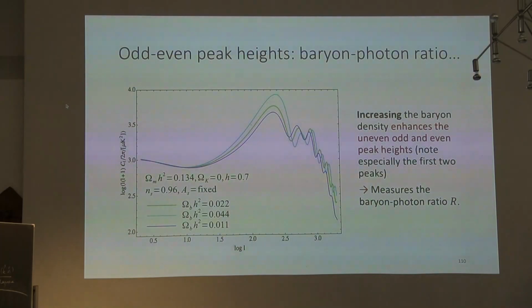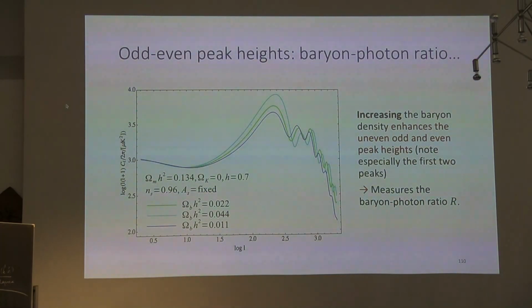What you see in particular, if you look at the comparison between the first peak and the second peak, is that if you have a small baryon density, that's the dark blue line, you have smaller variations between the first peak and the second peak, compared with the green line, which has a larger variation because that's a larger baryon density. And for the largest baryon density, 0.044, that's the light blue line, which has the largest variation in the first to second peak ratio.